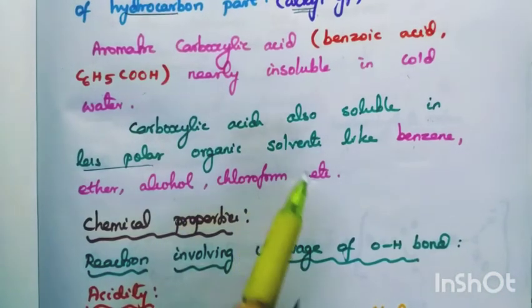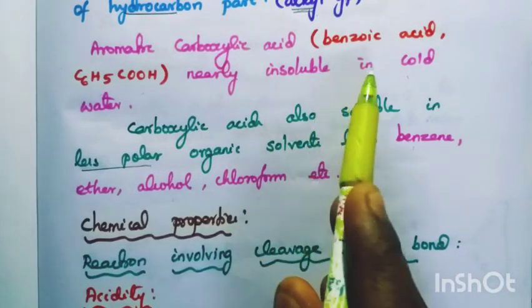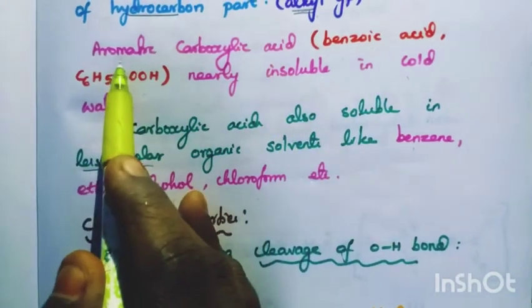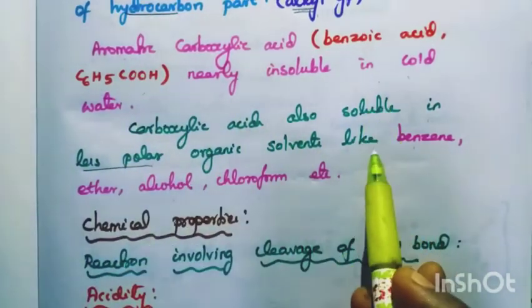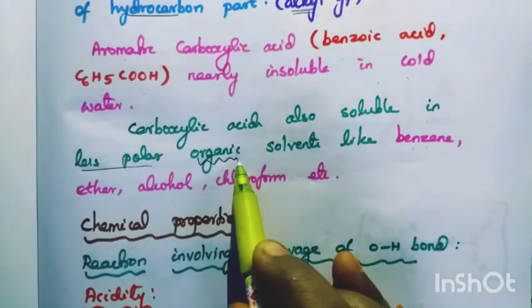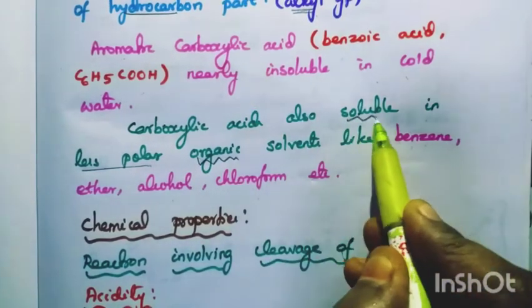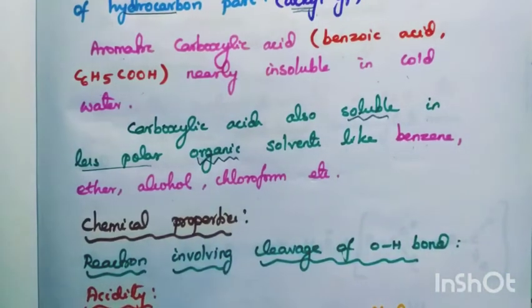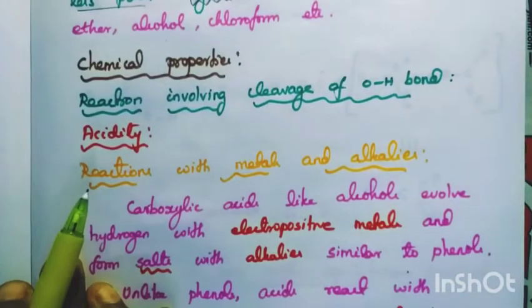So aromatic acids are insoluble in cold water, but readily soluble in benzene, that is an organic solvent. Now we are going to see the chemical properties.